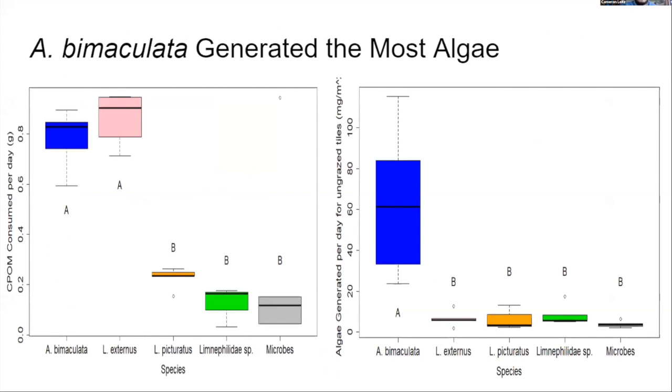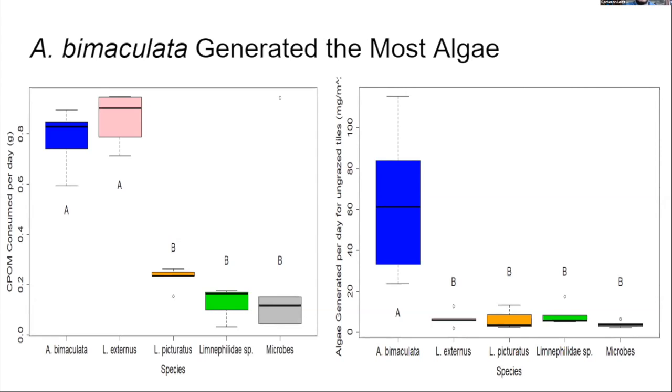On this slide, we have the coarse detritus consumed on the left and the amount of algae generated per day on the right. We know that coarse detrital consumption is directly linked to algae production, because coarse detritus leads to excretion, and the excretion leads to increases in algal growth.